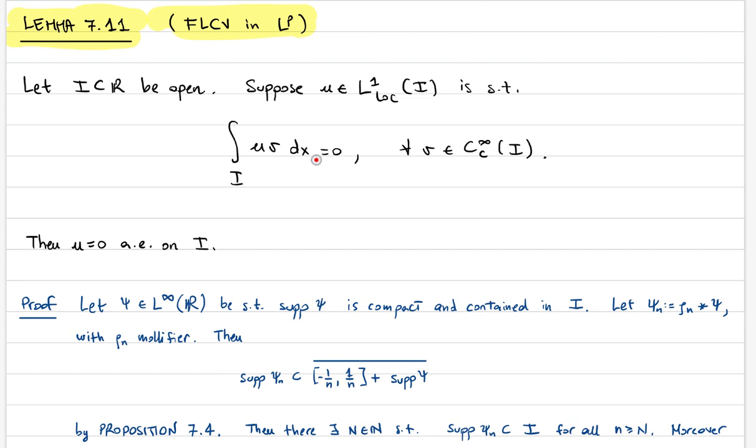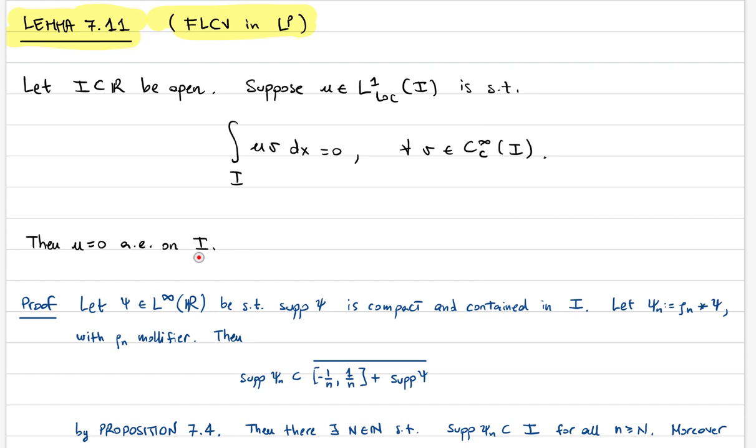Then, as we already concluded for continuous functions, also in this case we have that U is equal to 0 almost everywhere on I. So obviously this is the difference with the continuous fundamental lemma of calculus of variations we saw at the beginning of the course. In that case we concluded that U was 0 everywhere because U was continuous.